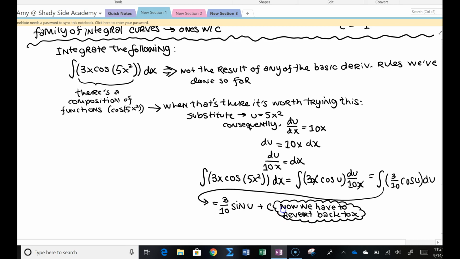We said u was 5x squared. So this becomes 3/10 the sine of, not u, the sine of 5x squared, plus c. And that is my family of antiderivative functions.